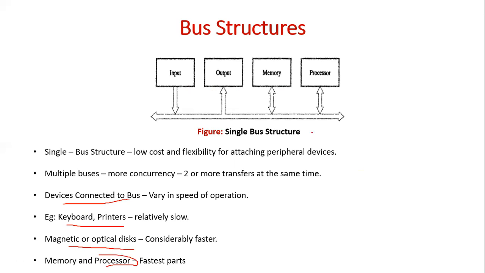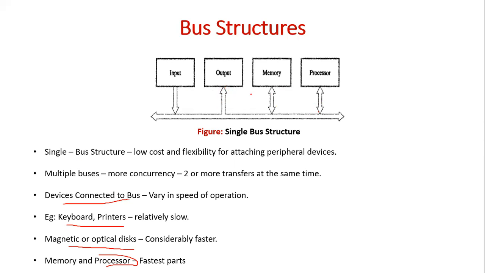Now the processor will be working at a very fast speed, and it will be sending data to some output device, say the printer. But the printer will not be able to accept the data at that rate. Then what happens? Because of the limitation of the printer, the processor speed also may be reduced. Are you getting?